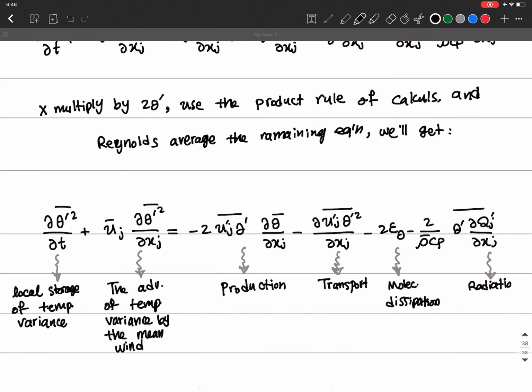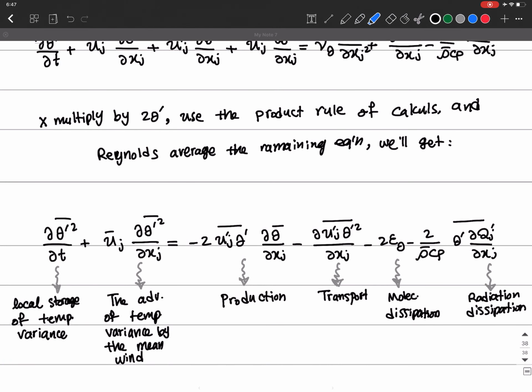So this is the dissipation of the temperature variance by the radiative forces. Okay. So I wanted to show that you can also use the same concepts for scalars like temperature, and then get similar equations for the transport and the variance of these scalars.